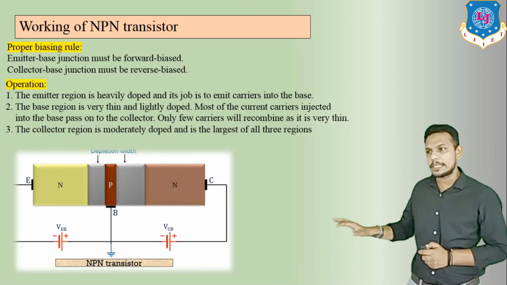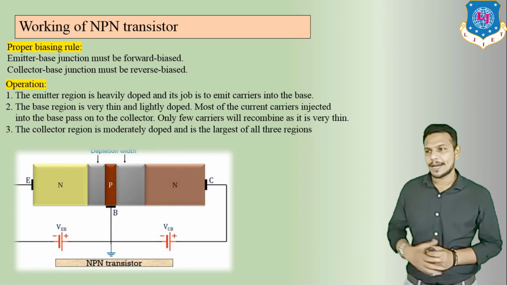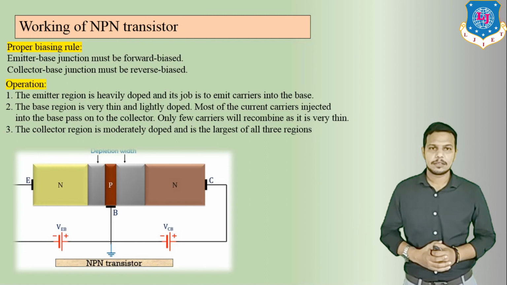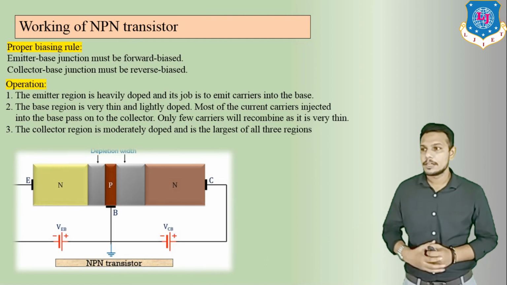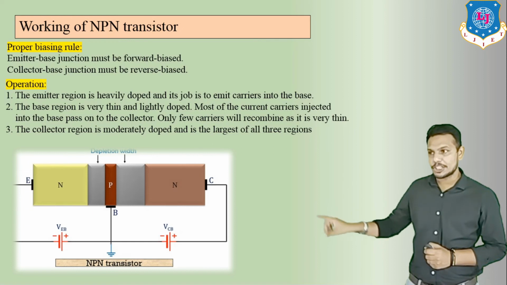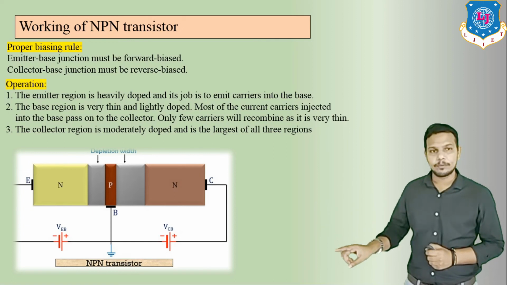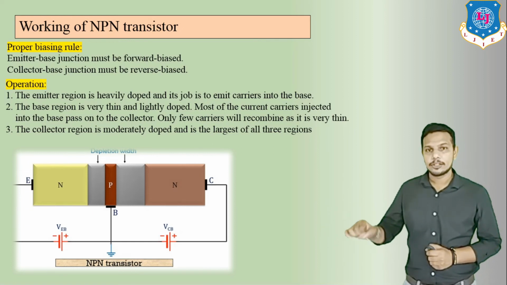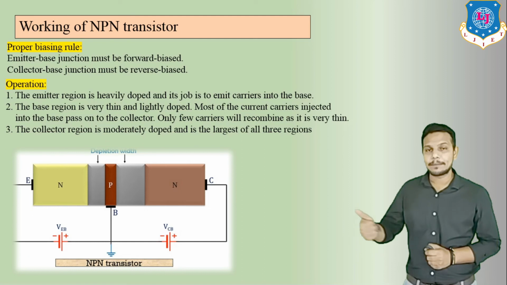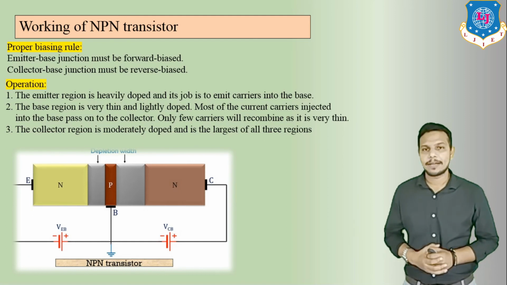Here we can see VEB, which is connected in forward bias. Here we can see VCB, which is connected in reverse bias. Why does it become forward and reverse? Here we can see the N-type material is connected to the negative terminal. Both are similar, N-type and negative, that means it is in forward bias.